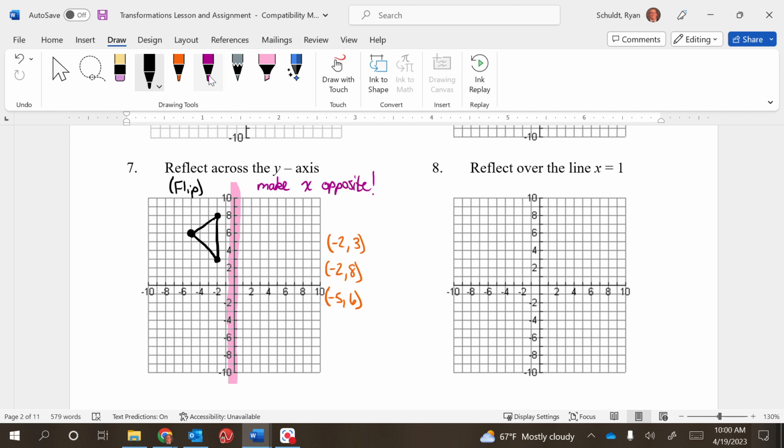Now we're going to reflect over x equals 1. That's going to be a vertical line. This one's going to be a little tricky. So I'm going to do both pictures on one, meaning our original. So this is x equals 1. I put in the dotted line.